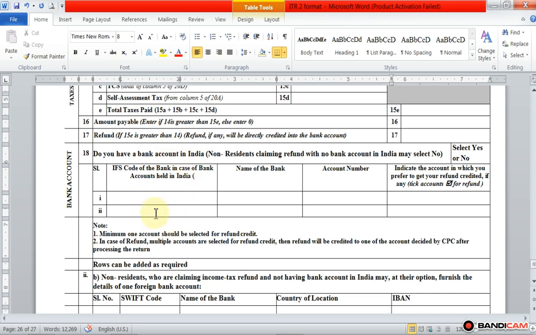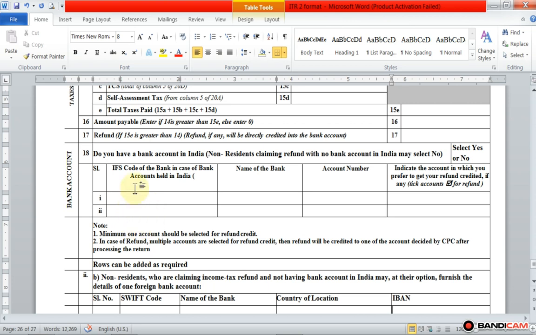For Indian banks the IFSC code is a must for filing the ITR here. So IFSC code, then bank name, then account number of the assessee, then the last column is to tick mark the appropriate box for refund credited to the bank account.